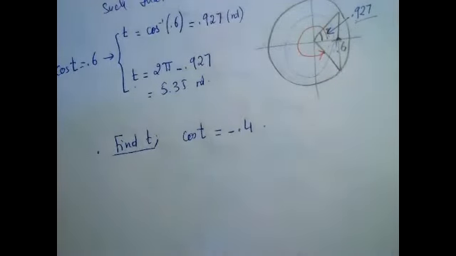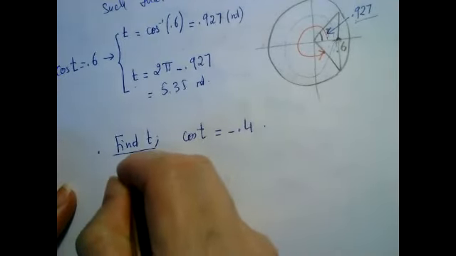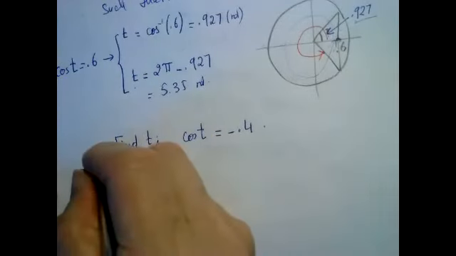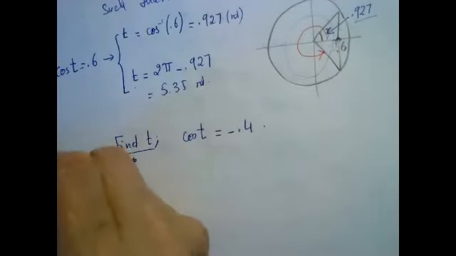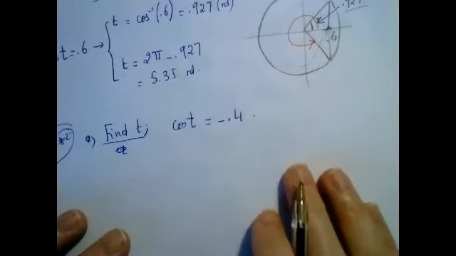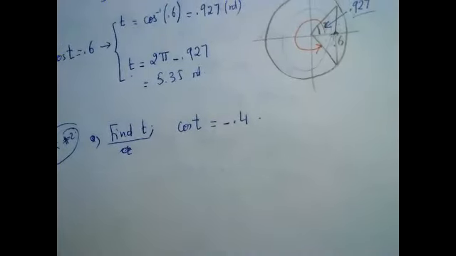What is your t? And I want t, any t. Find an angle t such that the cosine equals minus 0.4, and find the angle in radian.